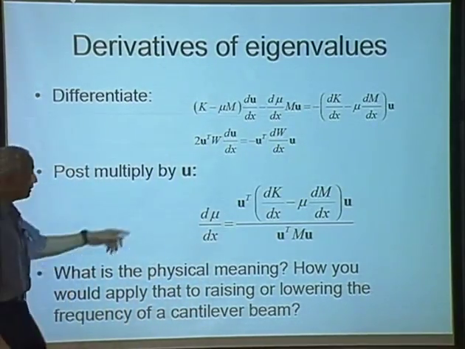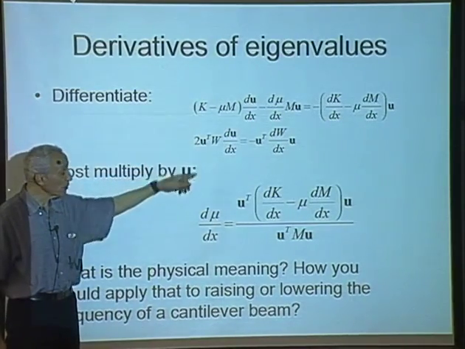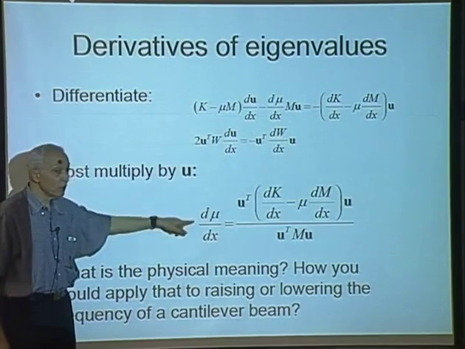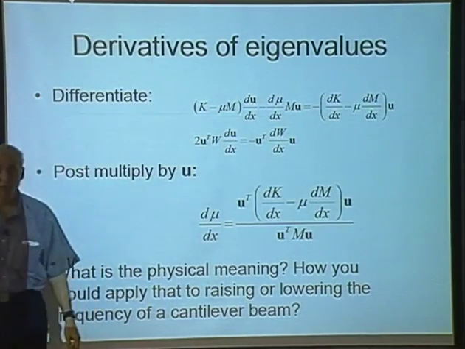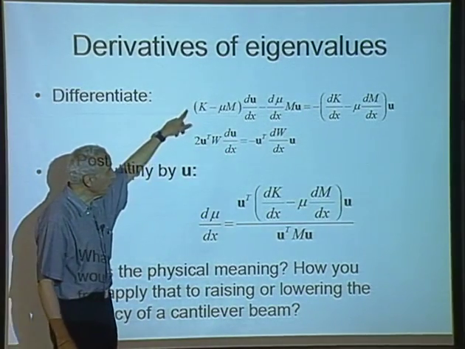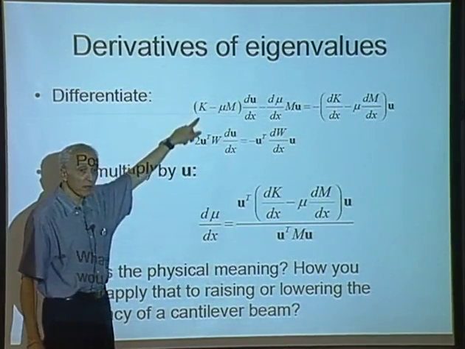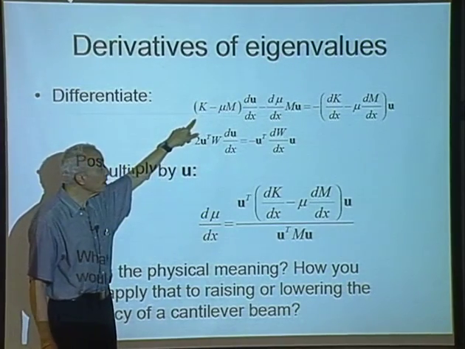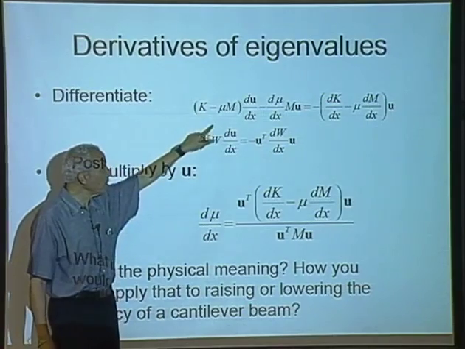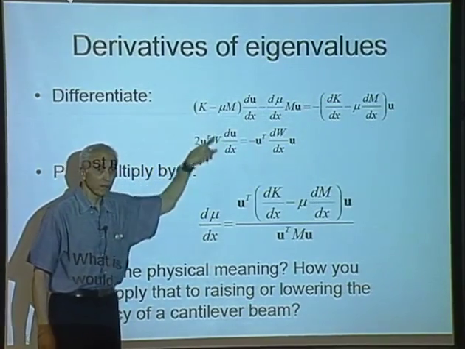We can similarly differentiate the normalization condition, but to calculate dμ/dx, which is the derivative of the square of the frequency with respect to x, we just pre-multiply this by u transpose. That is, we take the vibration mode, pre-multiply that, and because (K - μM) is symmetric, this term will be 0.